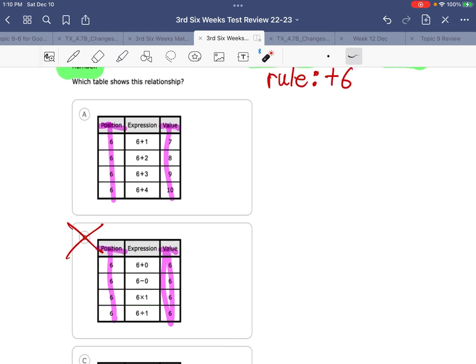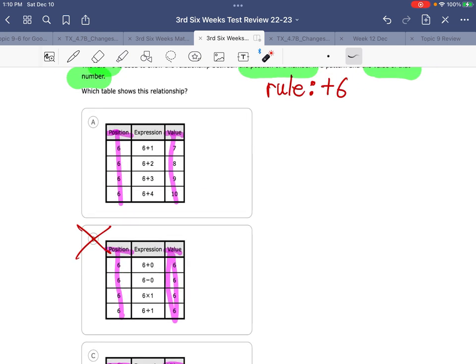So if I look here, A is using 6 plus 1, 6 plus 2, 6 plus 3, 6 plus 4. Okay, they have it to where they don't have a plus sign in front of the 6. They have it in front of 1, 2, 3, and 4.